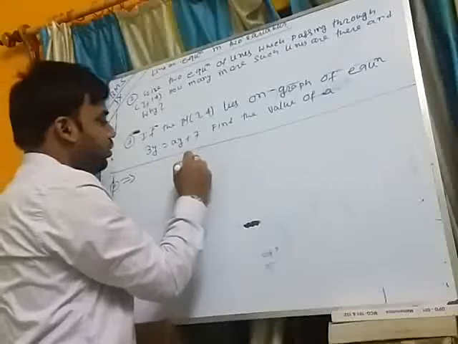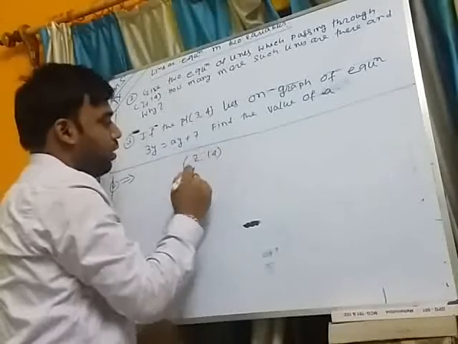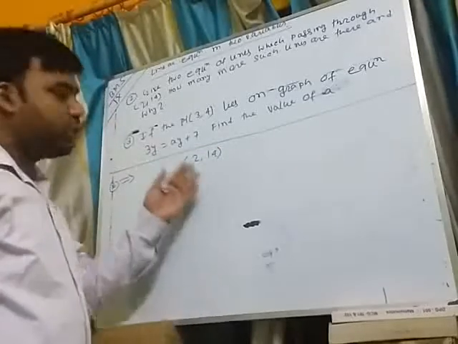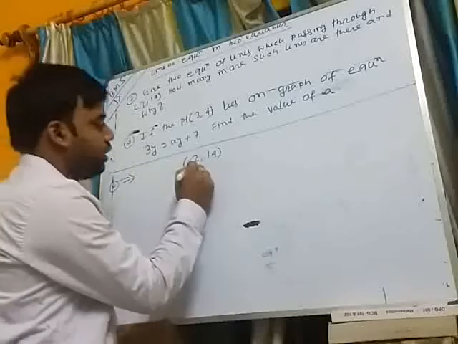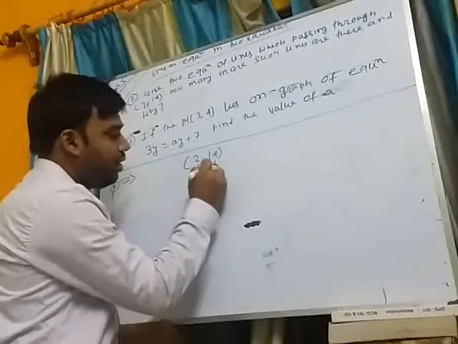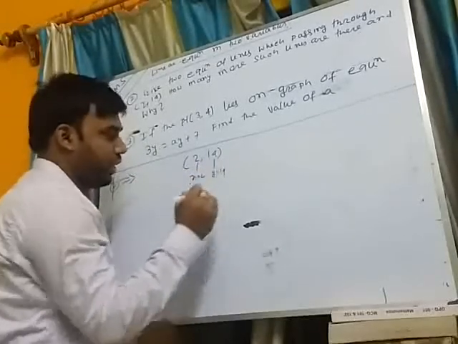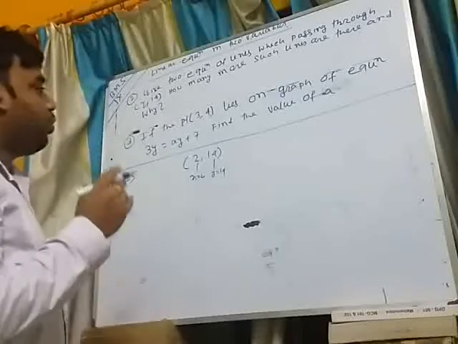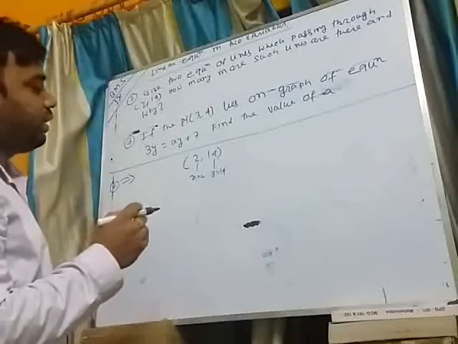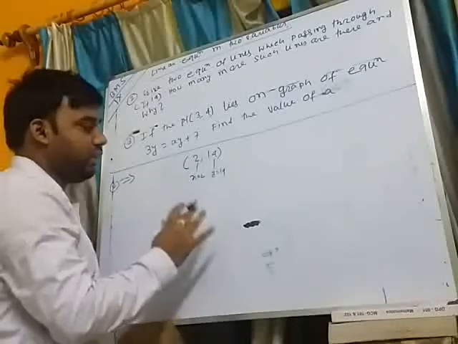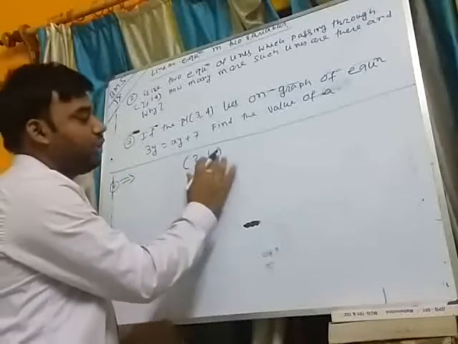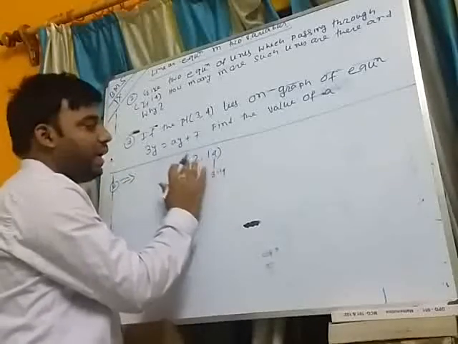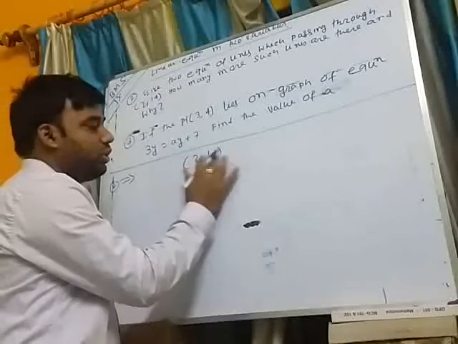First of all, through this point (2, 14), that is x equal to 2 and y equal to 14. We have to write two equations of lines that pass through this point.